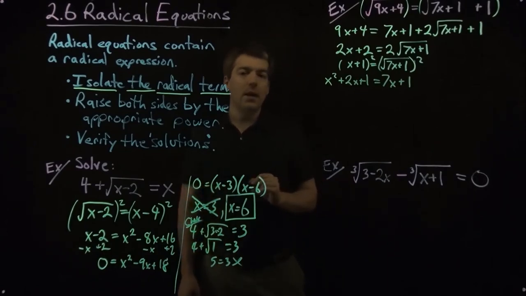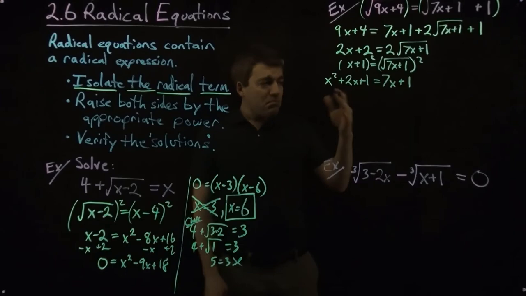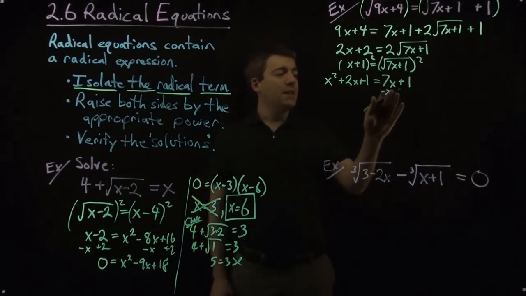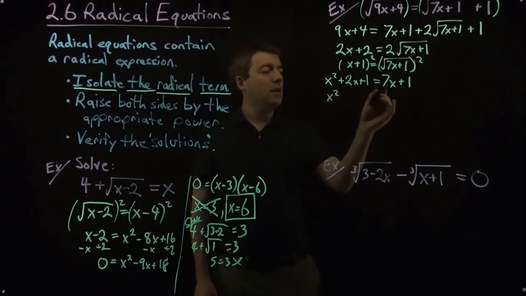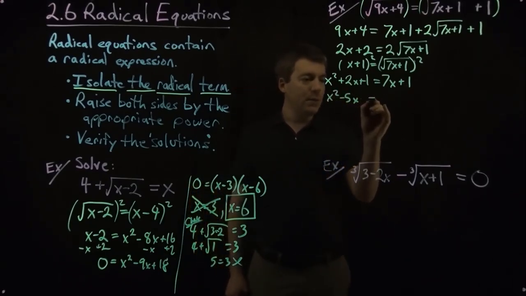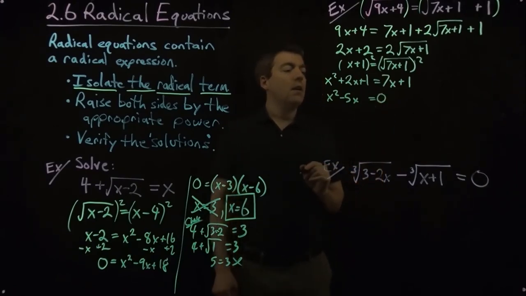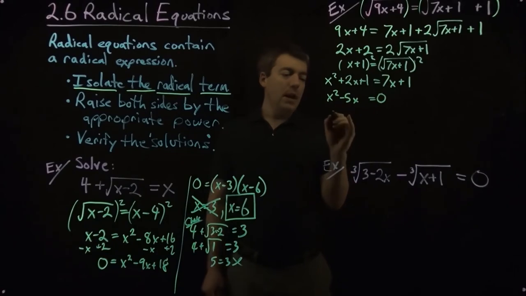All right, and now we're down to a quadratic, and we can solve these as we have before. So minus 7x. So we'll have x squared minus 5x, and then subtract the 1, we get 0. So 1 minus 1, those are going to just cancel away. And this easily factors: x times x minus 5.